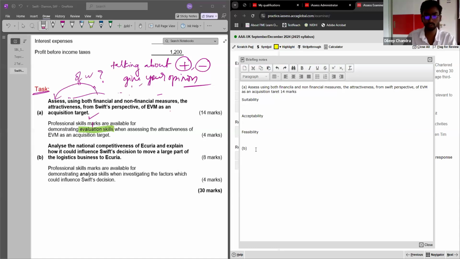What is the second question? We are supposed to write the second question as well. Analyze the national competitiveness of Ecuria and explain how it could influence Swift's decision to move a large part of the logistics business to Korea.